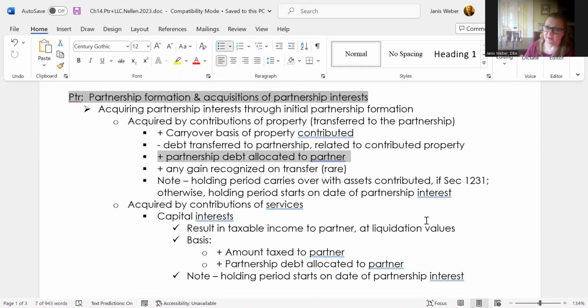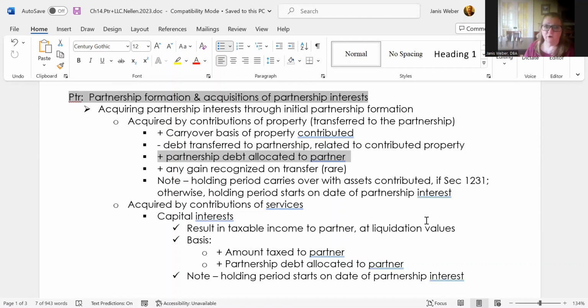Now, the second thing that might happen is sometimes a partner, instead of contributing property, will contribute services. So if a partner contributes services for their share, it depends on what they're getting: a capital interest, like a full-blown, I am now a partner, I own for capital, I own for profit.